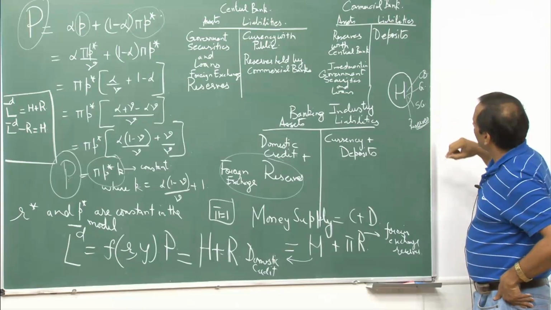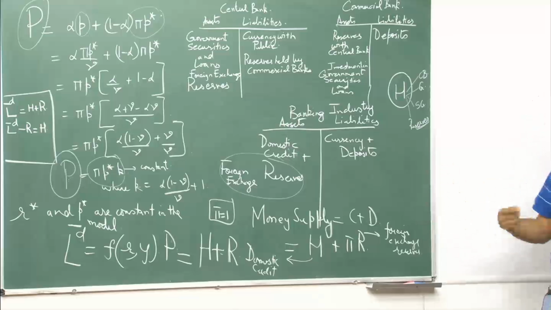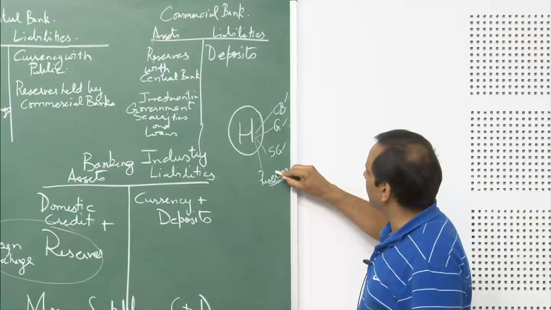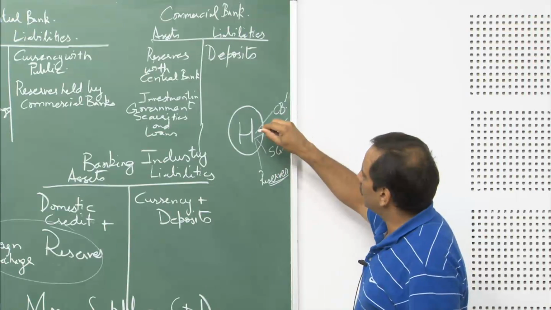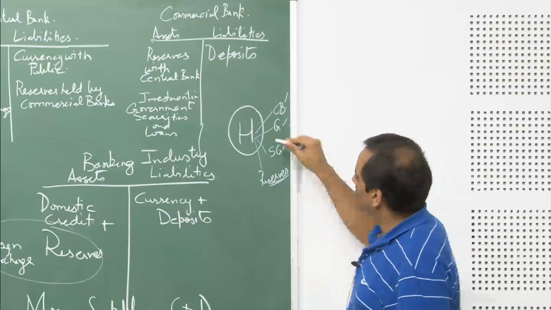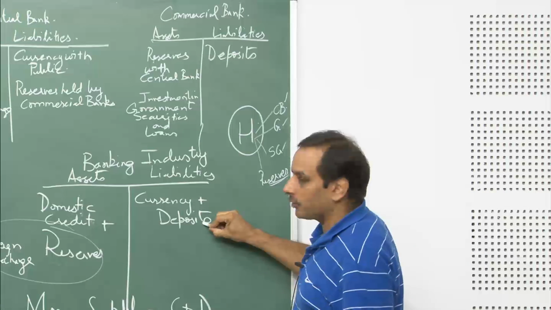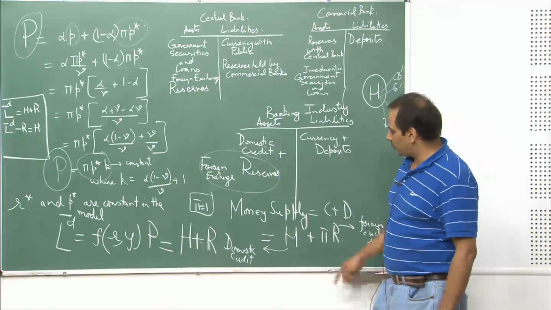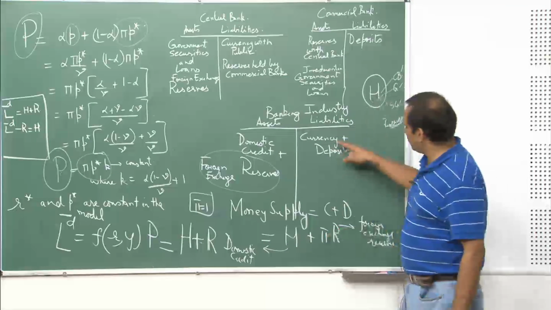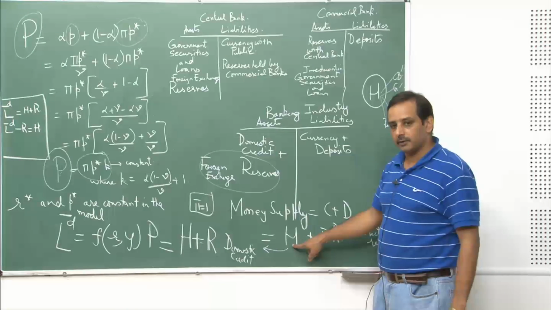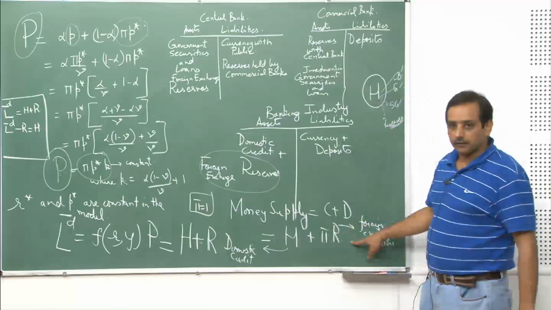So, if you read about the sources of changes in the high powered money, it will be the commercial banks, the government, the state governments, and the changes in reserves. So, this high powered money, which is the money of the central bank, this is equal to currency plus deposits held by the commercial banks. Okay, so then C plus D, currency plus deposits, is equal to the domestic credit plus the reserves.